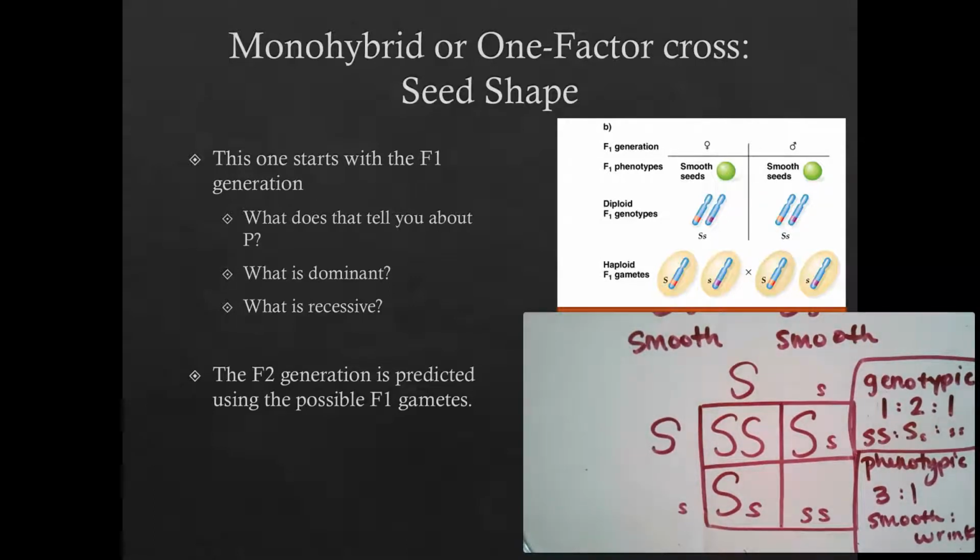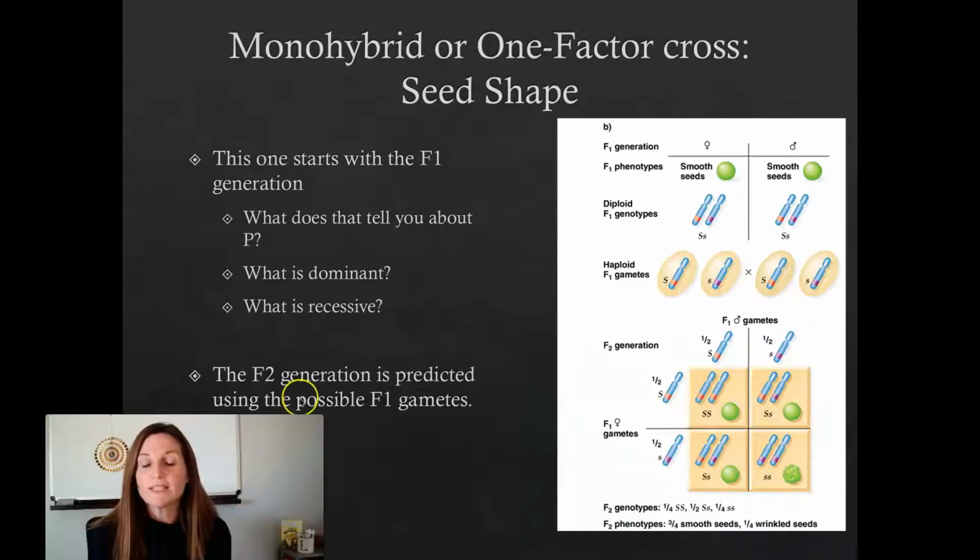All right, good job on that quick review of monohybrid crosses. So here you can see the rest of that diagram, and we see that we did a good job following through with our big S and our little s and distributing that, and then we end up seeing here the genotypic ratio: 1/4 big S big S, 1/2 big S small s, 1/4 small s small s, or we could call that a 1 to 2 to 1 genotypic frequency.